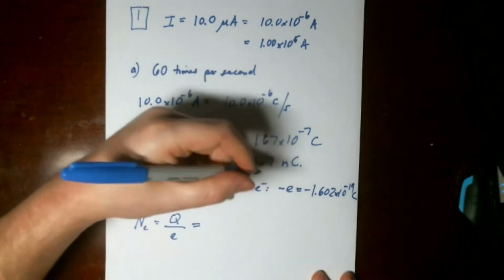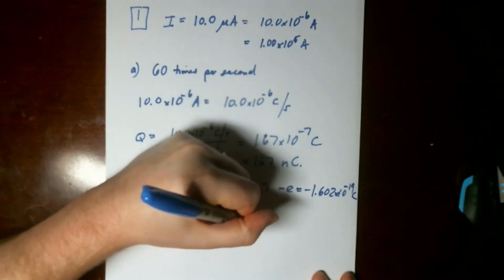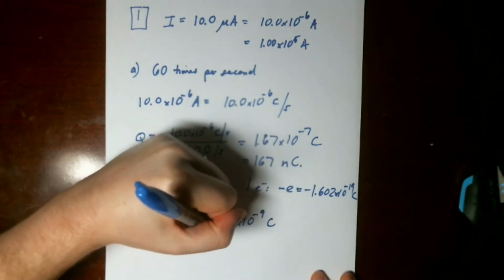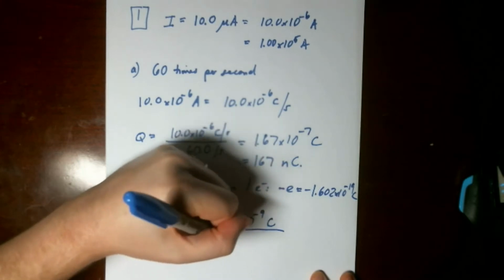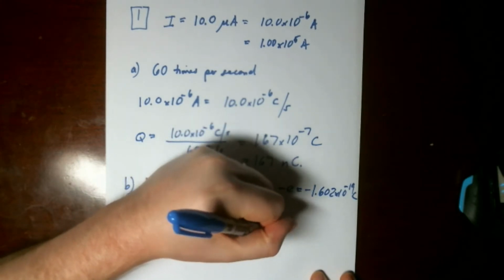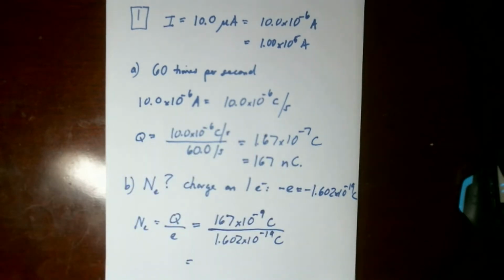So the charge is 167 nanocoulombs. And the charge on a single electron is 1.602 times 10 to the negative 19 coulombs. So the number of electrons striking the screen in 1 scan, you expect that to be a big number, and it is.